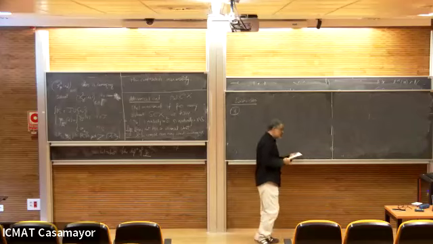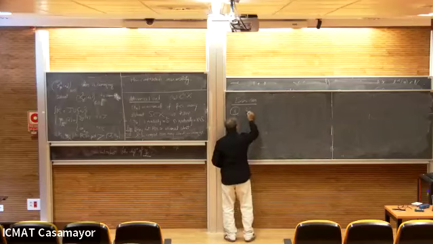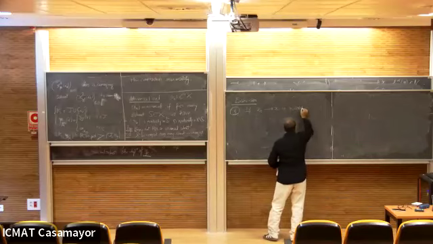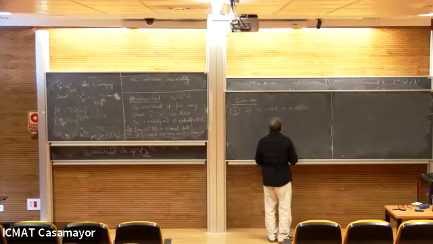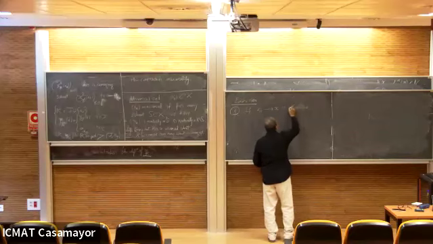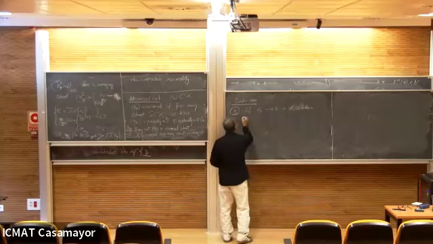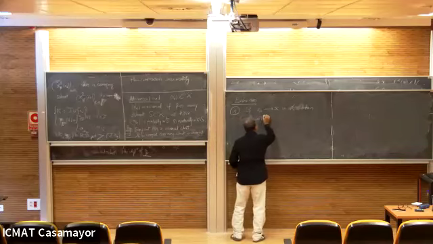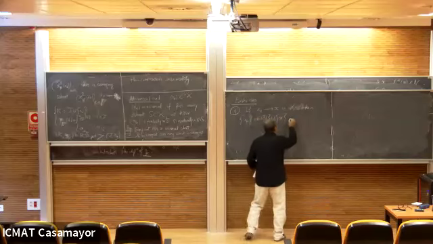Connected to sequences: if we have a sequence xn that converges to x in a metric space or in a topological space, anyway, then if you take the whole sequence and you add the limit, this is compact.